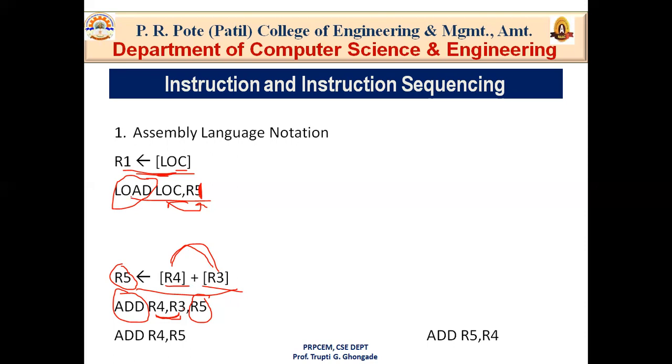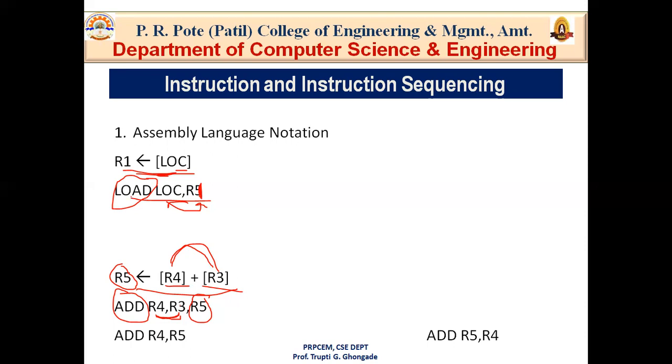In different books, different formats are given. The opcode is the same, the operation is the same, but the syntax of writing source and destination is different. Some books write the destination on the left side, some on the right side, but you have to follow any one of these. So this is all about assembly language notation.